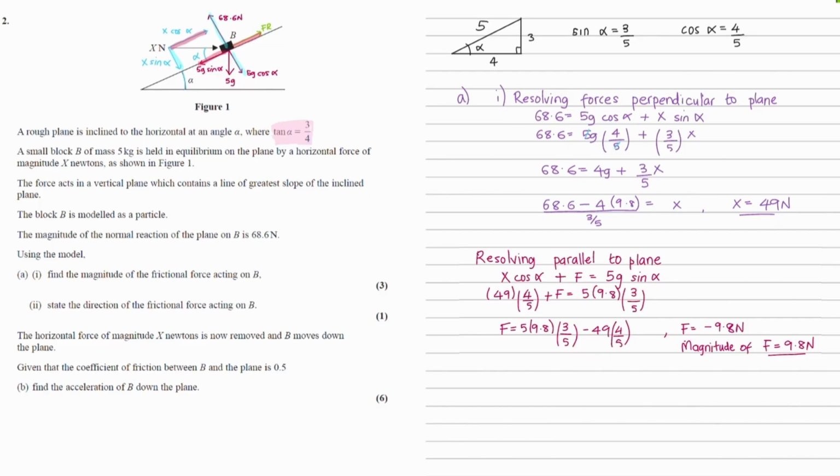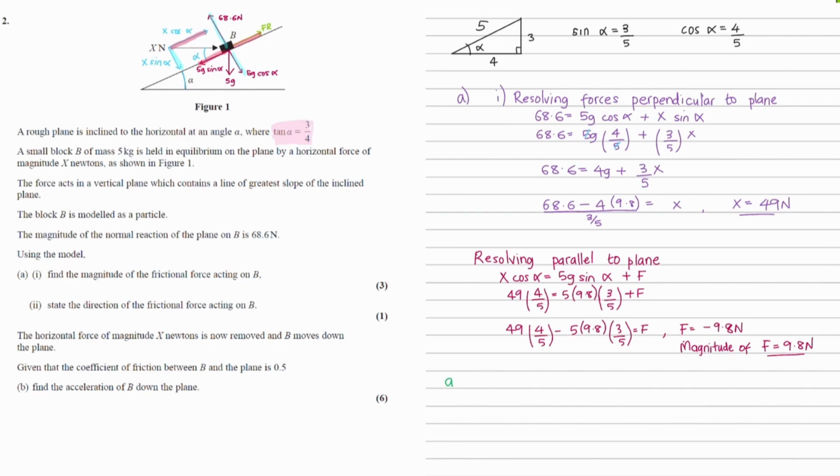And because the question is only asking for the magnitude, we will put F is equal to 9.8. Part A2 asks for the direction of the frictional force. Because in our diagram we put the frictional force going up the plane, however we got a negative value for it, that means according to our calculations, the frictional force is actually acting down the plane. So for part A2, we will just put down the plane.